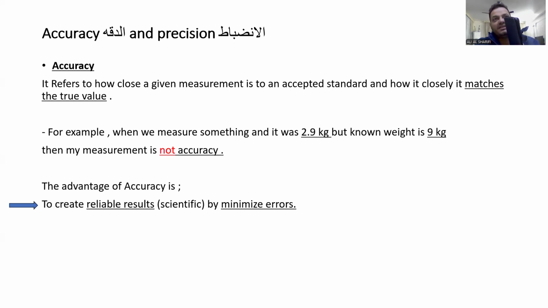That means near the right result, as close as possible. There is no way to accept a result like 1,000 grams or 100 grams. Your result must be as close as possible to the right number.